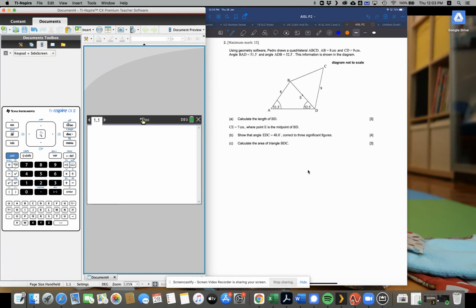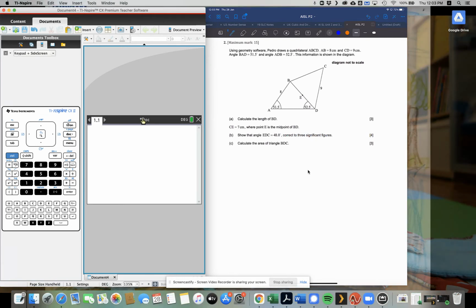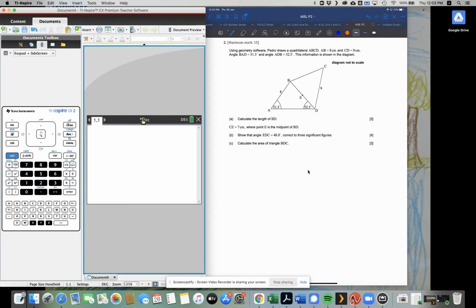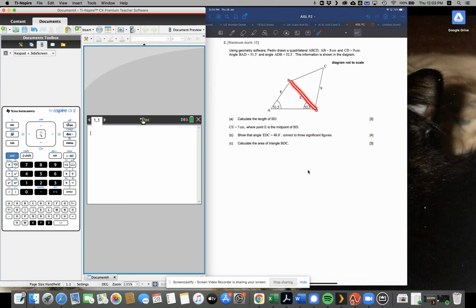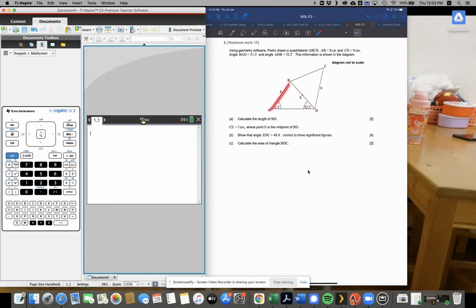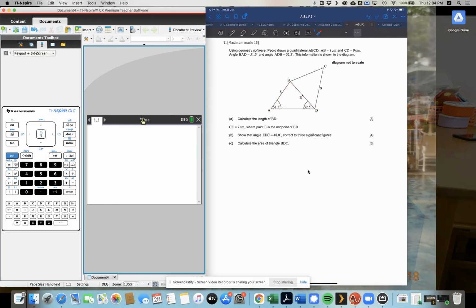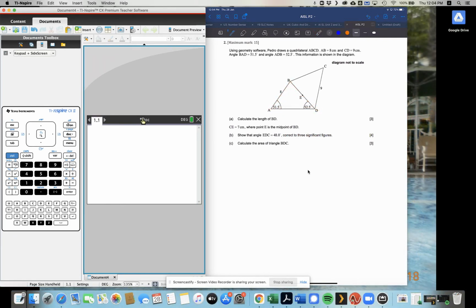So the first thing that you were asked to do is to calculate the full length of BD. So best to draw the triangle that is involved, make a sketch of it.